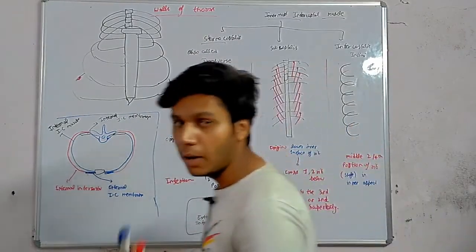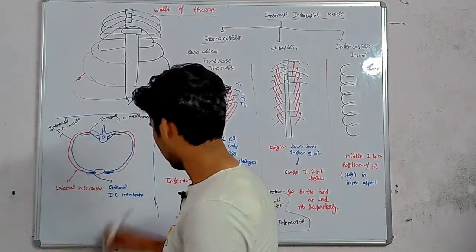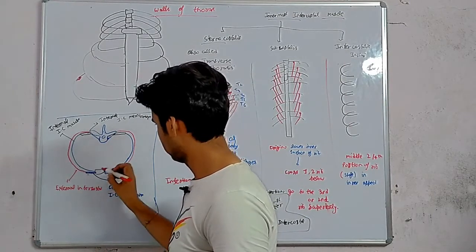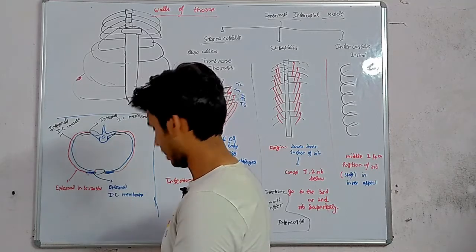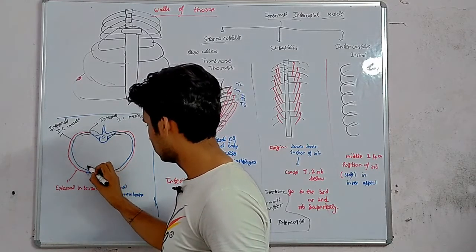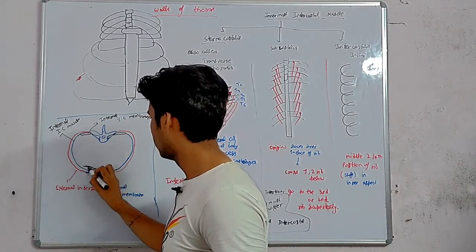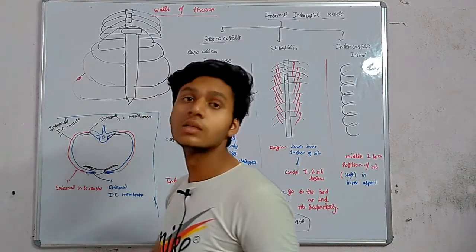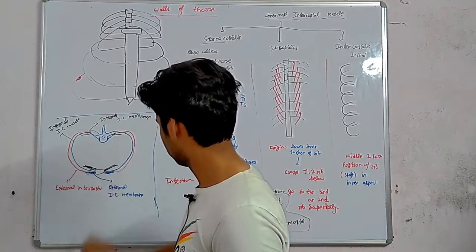It is arranged in three parts. First, on both sides here, this muscle is sternocostal.